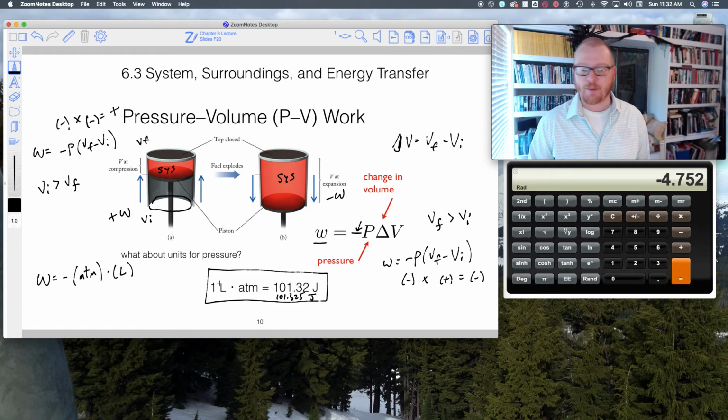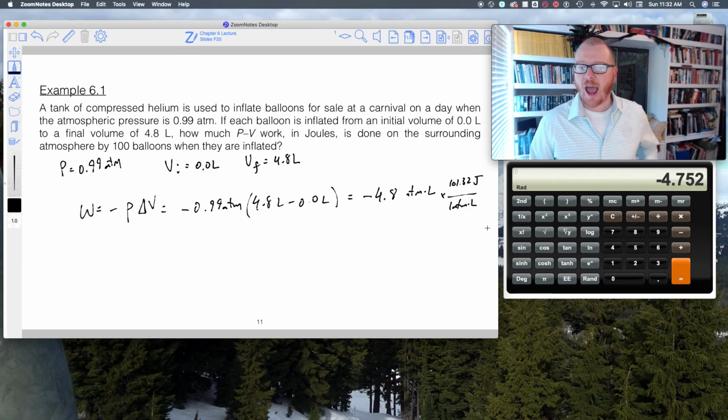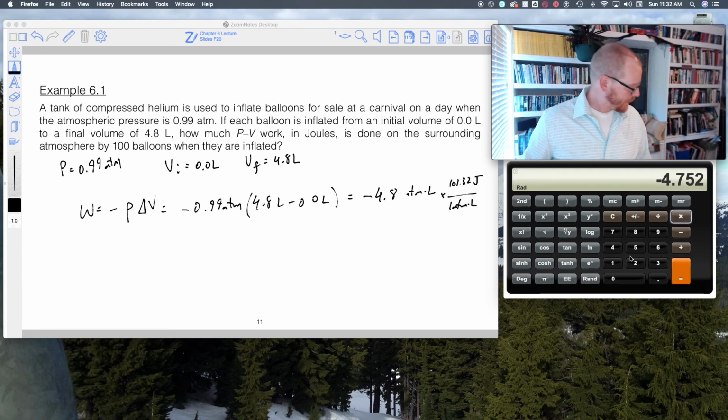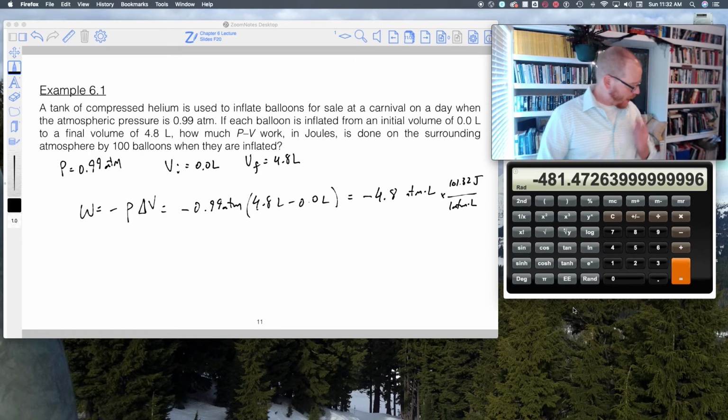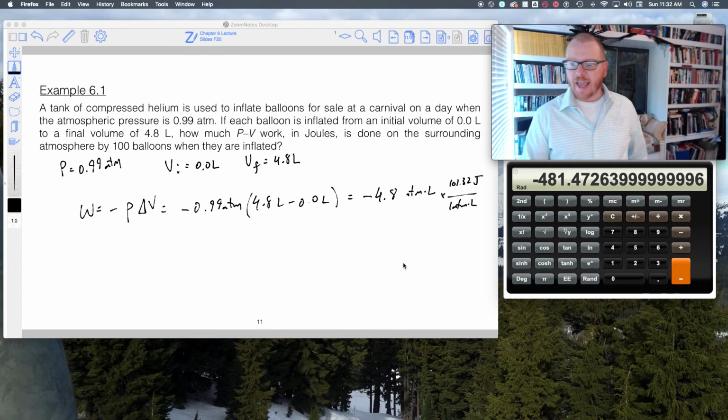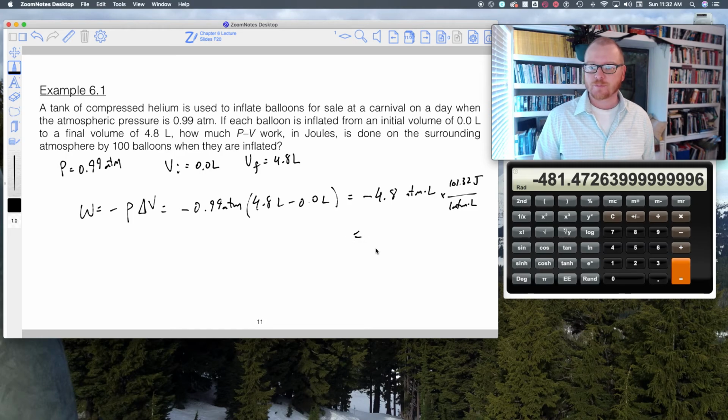Okay, so now I'll leave the number in my calculator for the best possible answer, times 101.32 equals, and now I get negative 481, and with my two significant figures still, that's going to be negative 480 joules.